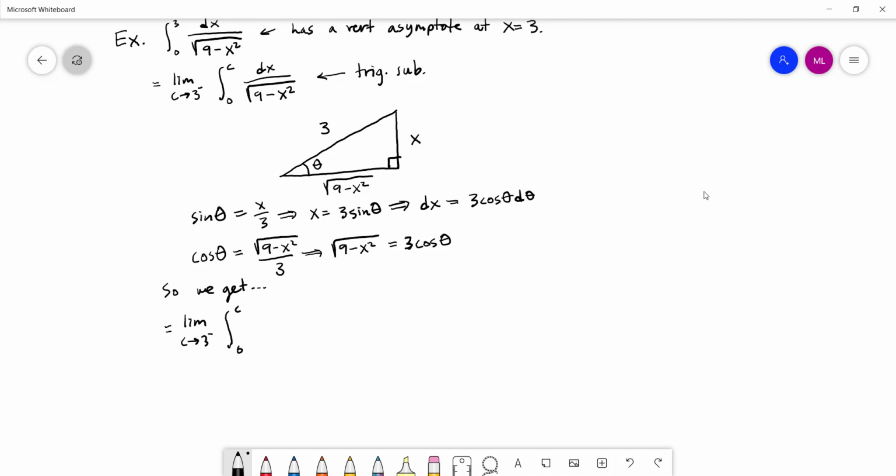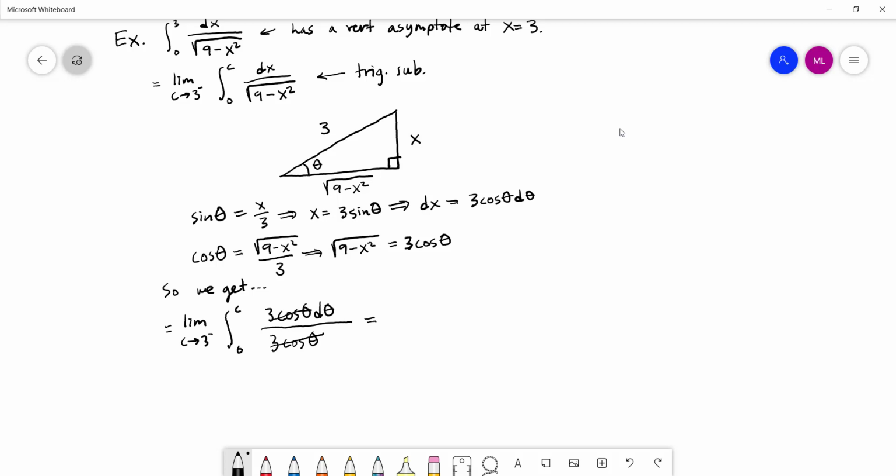Plugging in the values, our dx on top was 3 cosine of theta d theta. In the denominator, we had that square root term, so I have a 3 cosine of theta in the denominator as well. Those wind up canceling, and we are literally just integrating d theta.